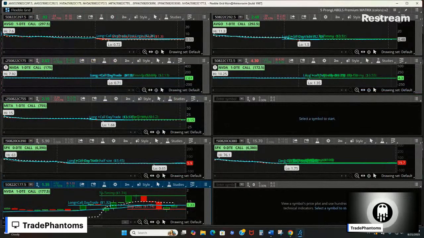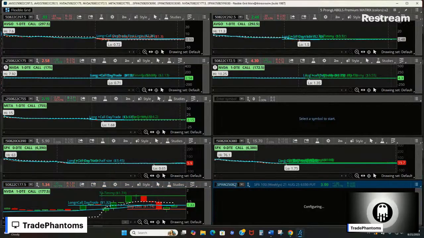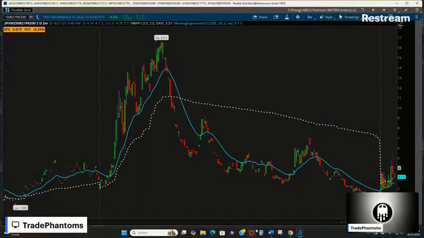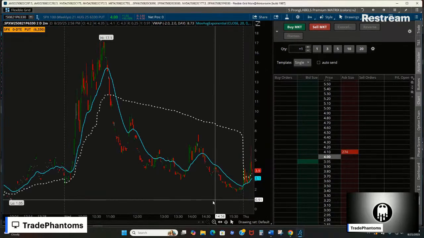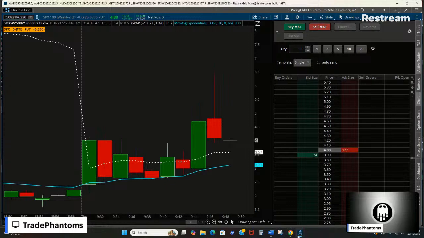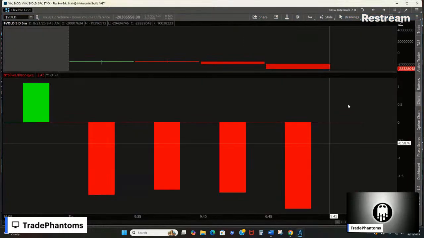I say about 6330, give or take, in terms of strike. So this is the 6330 SPX put going for about $4.